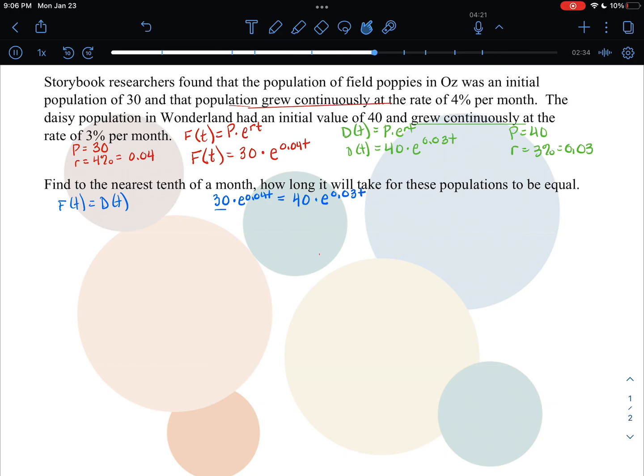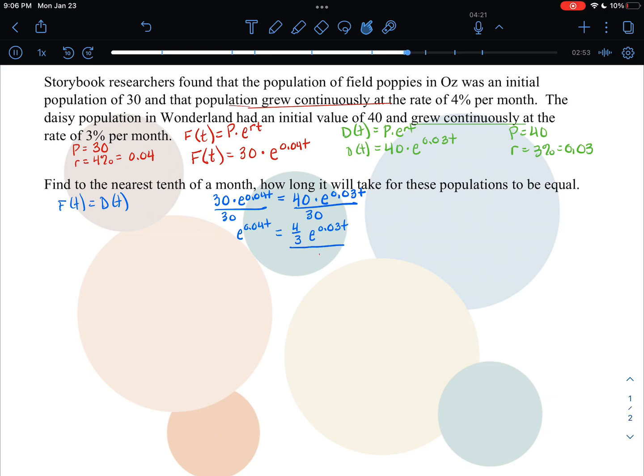First thing I'm going to do is divide both sides by 30. That leaves me with e to the 0.04t equals 4/3 e to the 0.03t.